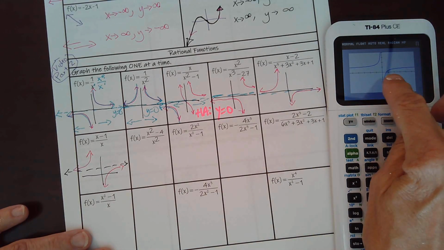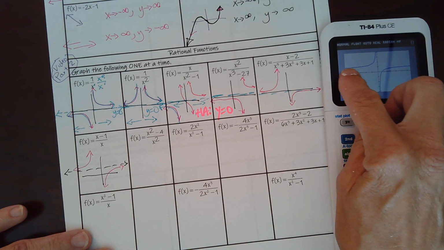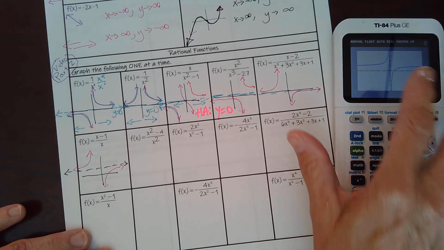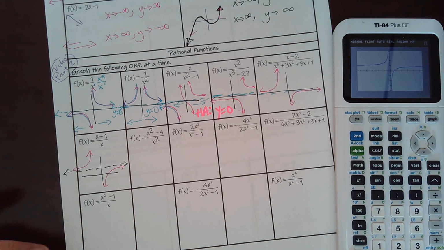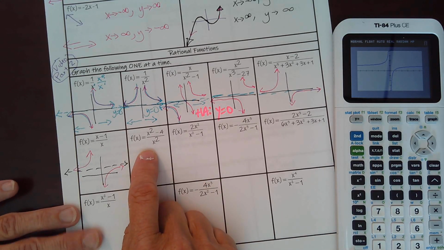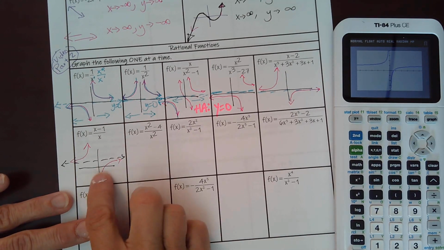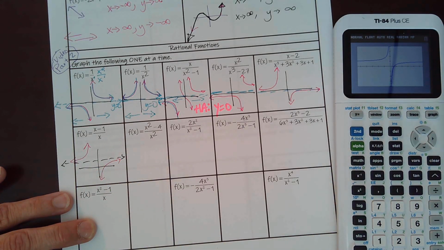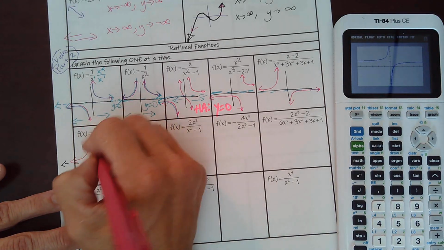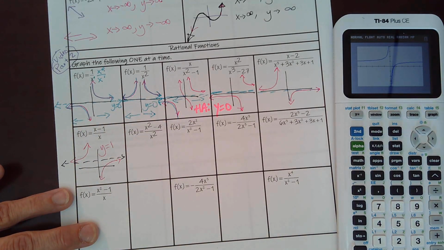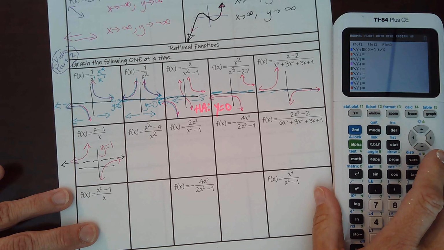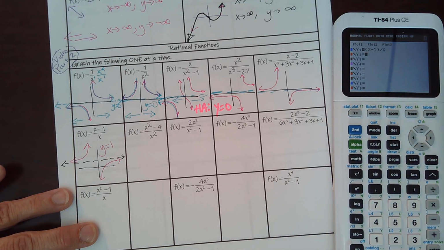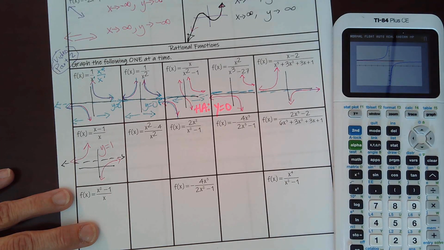As you look at this graph, as you move away from the origin, this graph does approach, or get very close to, a horizontal asymptote. By the way, what is the horizontal asymptote here? Well, it appears that the equation should be y equals 1. So here's what I can do. I'm going to go into y equals, type in y equals 1 in y2, and then graph. And then you can actually see that horizontal asymptote.